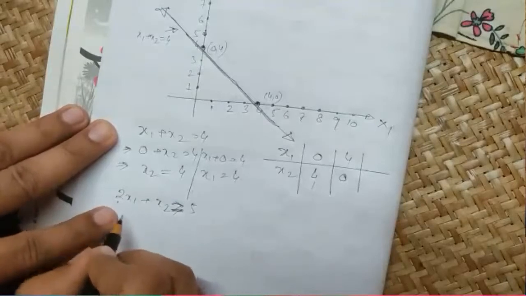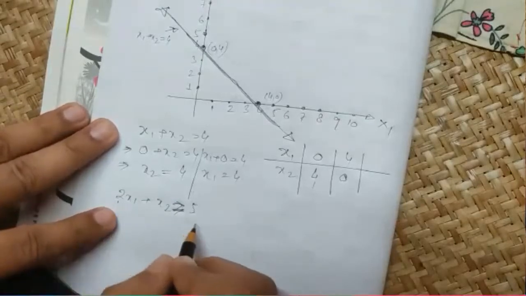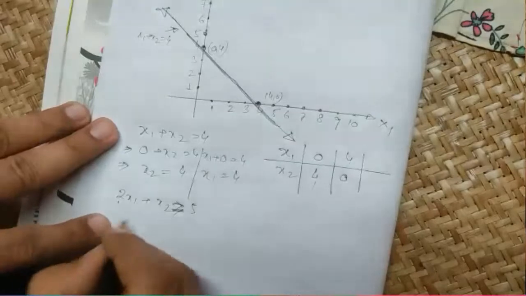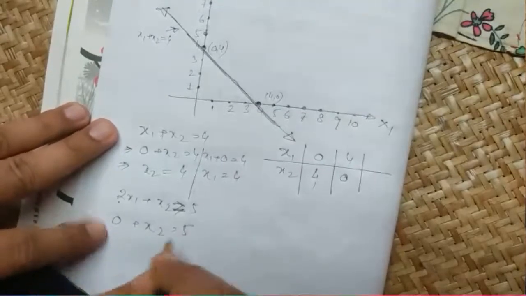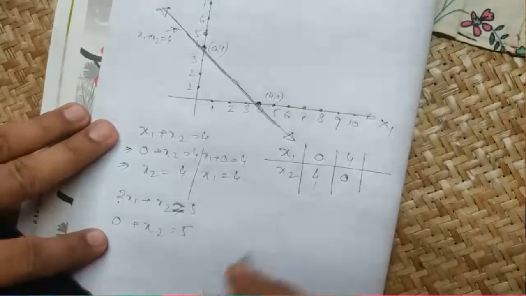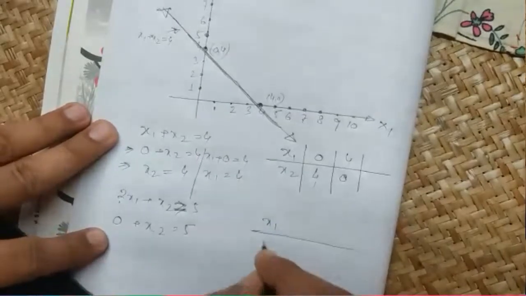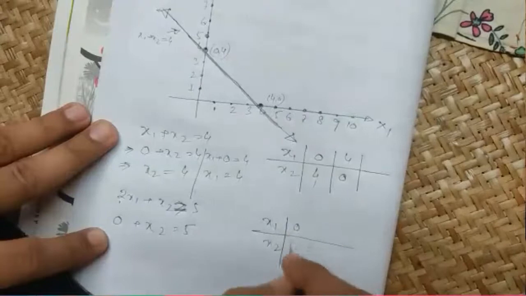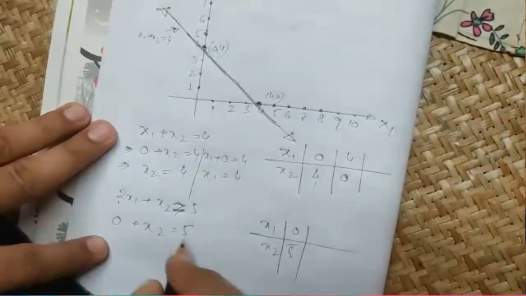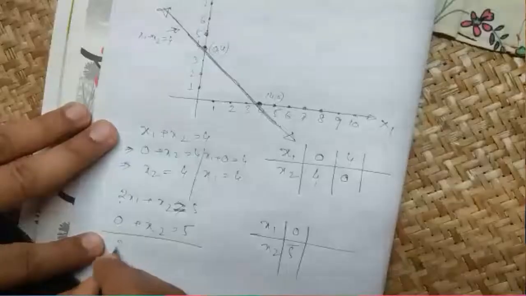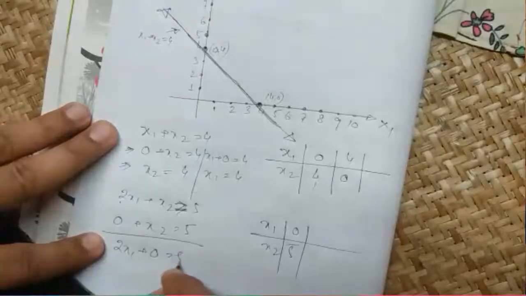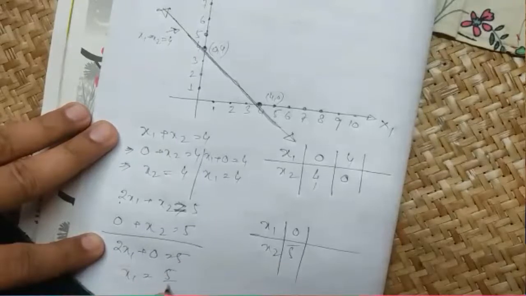Let me do this, where the 2x1 plus x2 equal to 5 line intersects. If we put x1 equal to 0, then we get x2 equal to 5. So for the second constraint, one point is 0, 5. For the other case, if we put x2 equal to 0, then x1 will be equal to 5 by 2.